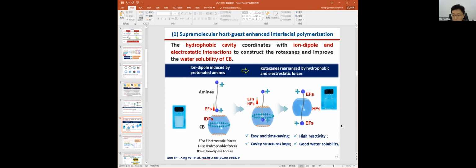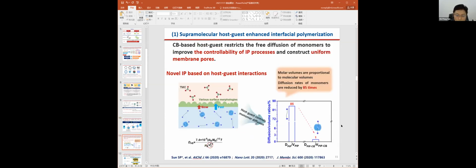The solubility of the CB is enhanced significantly. The CB molecule is soluble in this way, then we can perform interfacial polymerization. And because the volume of the amines is enlarged by forming this host-guest complex, its diffusivity is significantly reduced by 85 times. So in this way, we reduce the diffusivity and we can control the interfacial polymerization.